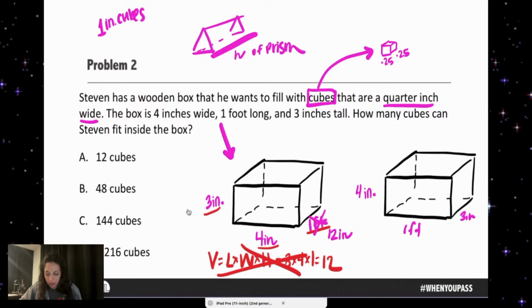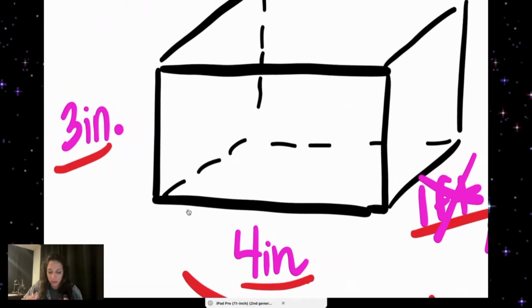So let's zoom in and analyze what that would look like. If I drew 1/4-inch cubes inside this box, I'm going to divide this box into inches. So this is 1 inch, 2 inch, 3 inch, 4 inch. And this is 1 inch, 2 inch, 3 inch. And I draw a 1/4-inch cube inside of here.